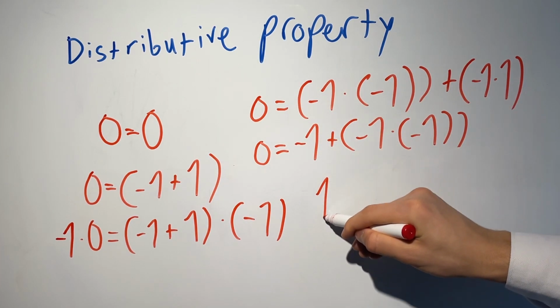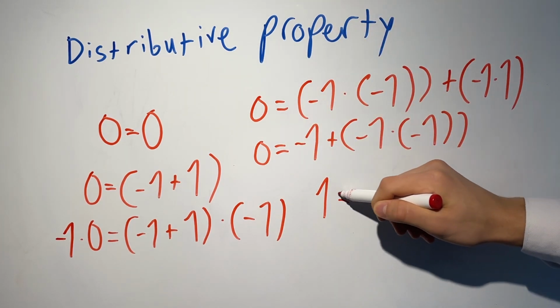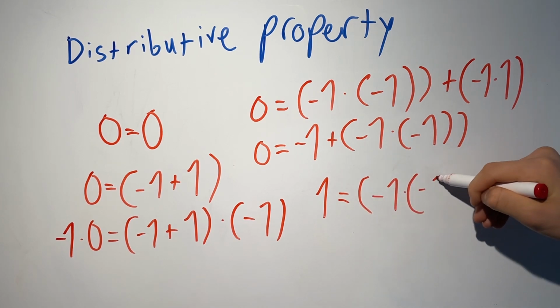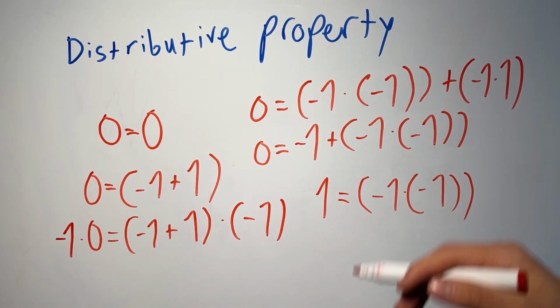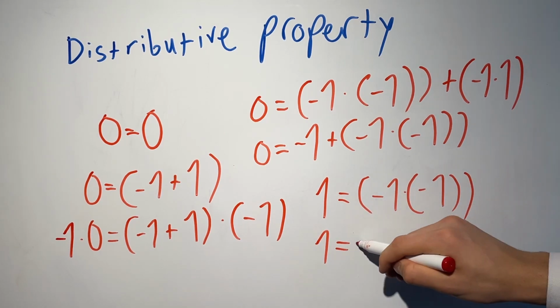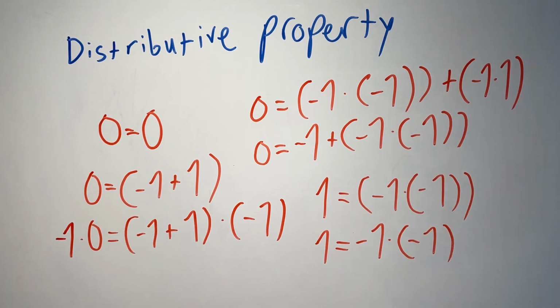So we have 1 equals, and we can just forget about this, equals this thing right here. And also we can get rid of those brackets from the outside because they are unnecessary, to keep things simple and nice. We have 1 equals -1 times -1. So we just proved that.